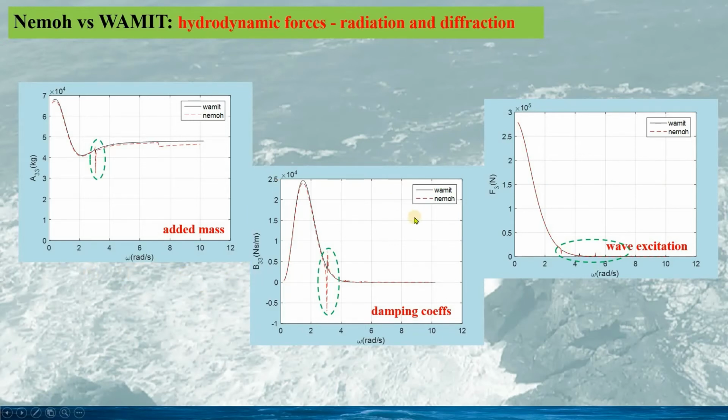For instance, Nemoh had larger spikes than WAMIT. In the radiation damping coefficient, Nemoh might have a negative damping, the large spike, which is not physically correct, since in physics the damping coefficient must be positive. However, such large spikes might be removed if finer panels are used.